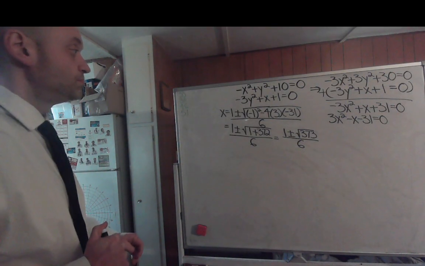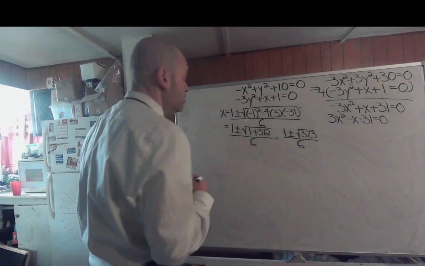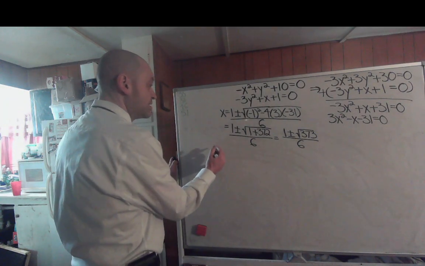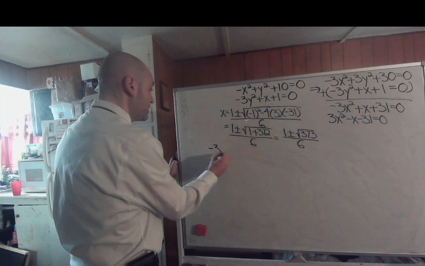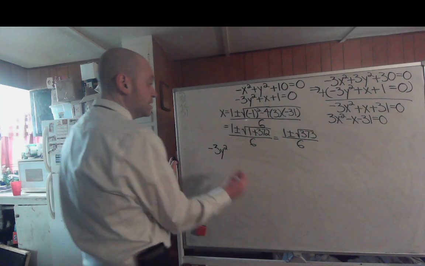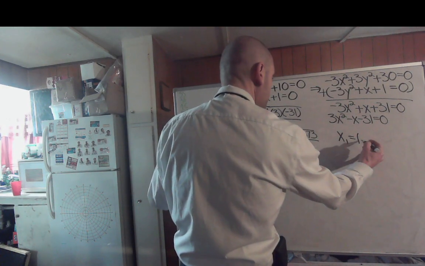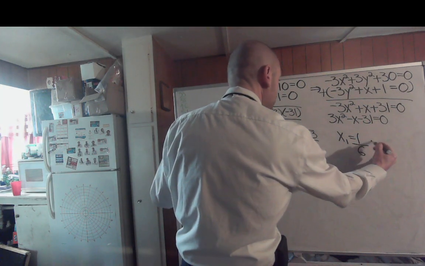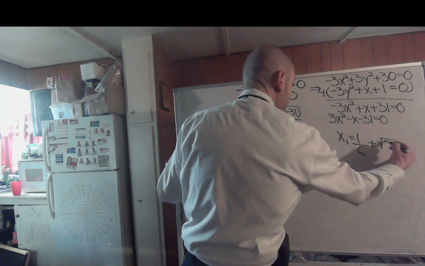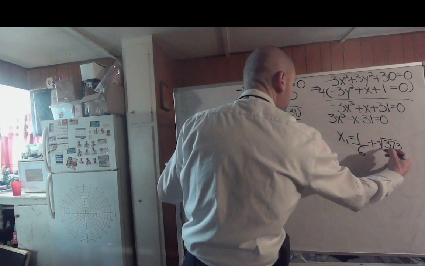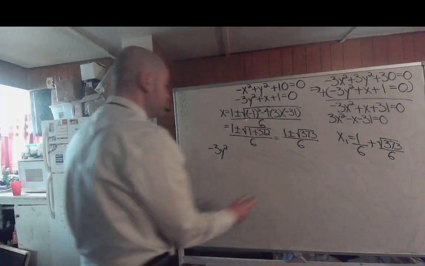So, yikes. Now pick an equation to substitute this value in for x. Well, let's do it. So what you'll end up getting is negative 3y squared. Let's pick your first x. x1 would equal 1/6 plus the square root of 373 over 6. Let's see if we get anything for that.